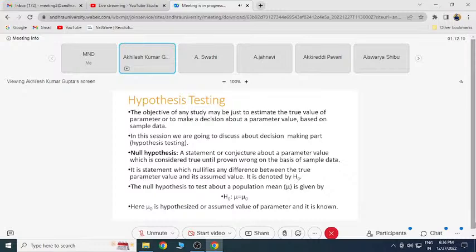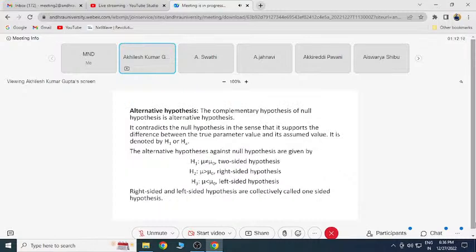And the alternative hypothesis, which you can say is the research hypothesis, just the opposite of the null hypothesis. We have three types of alternative hypothesis. This is just notation for mu; we have taken the example of the mean. So you can have three types of alternative hypothesis: two-sided, right-sided or left-sided.